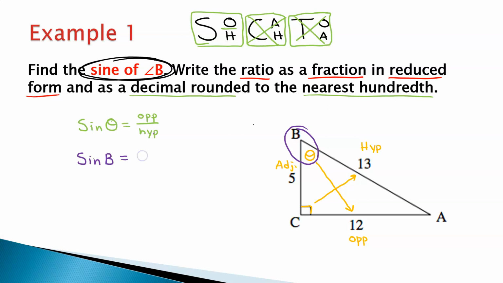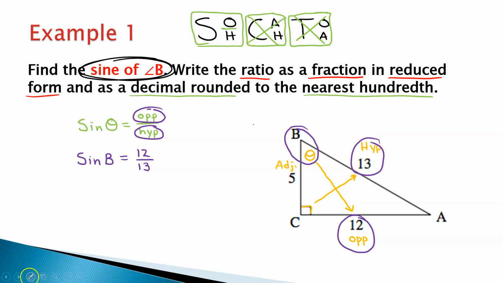Then take a look at what SOH is saying. It's saying opposite. Where's opposite? We labeled it over here. That was 12. So we're going to write 12 over, what's my hypotenuse? Opposite over hypotenuse. Hypotenuse is 13. So sine B is equal to 12 over 13.